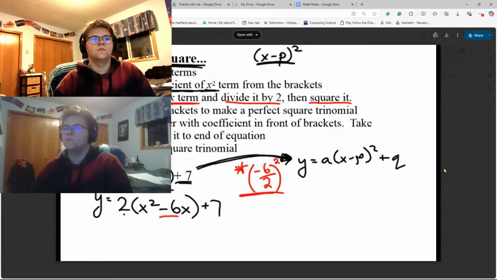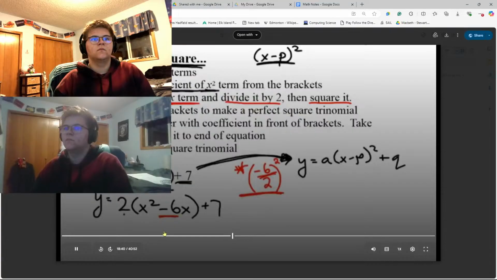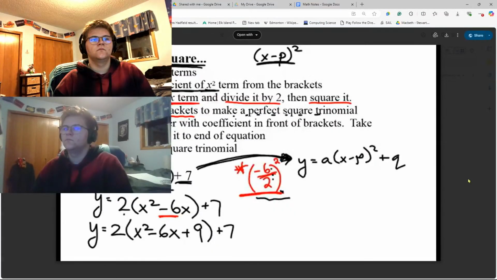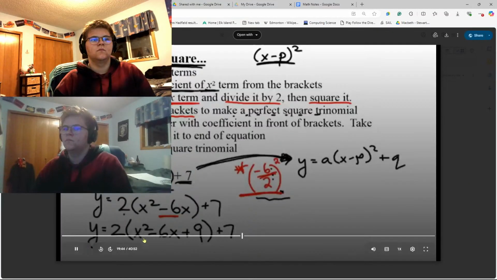So this is our magic step. The x coefficient divided by 2. We have our perfect square. We've completed the square.